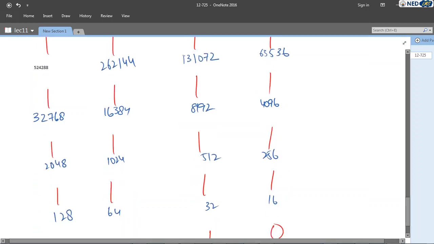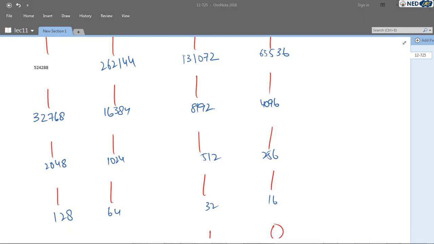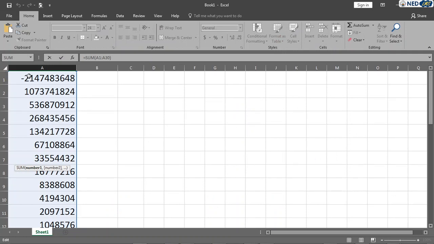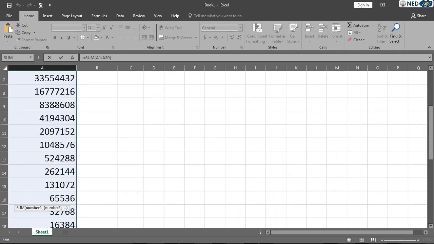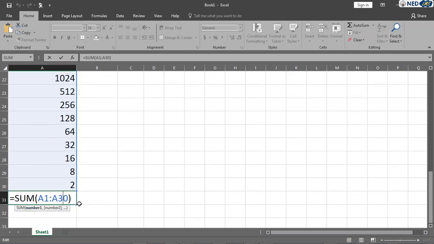If I copy these values to Excel and add the ones whose bits are activated, with the most significant bit negative, I get -6, which was the original output.